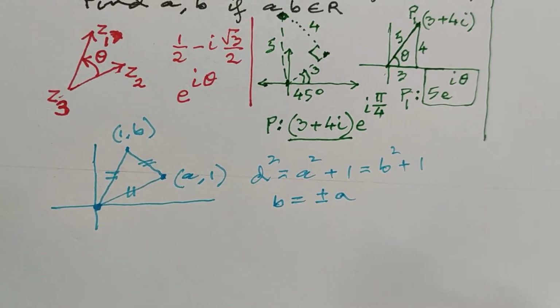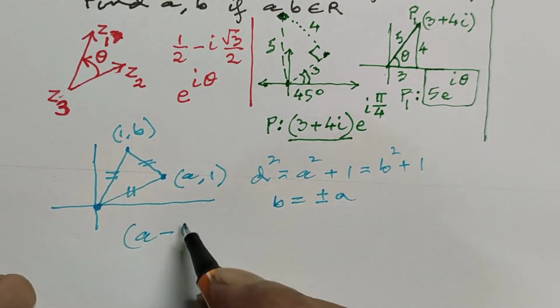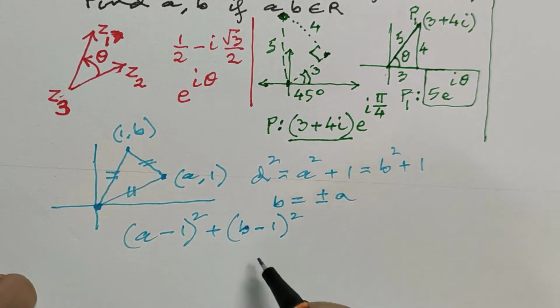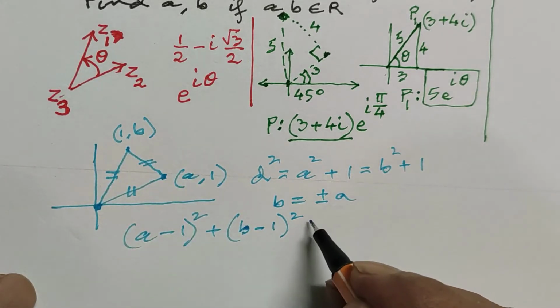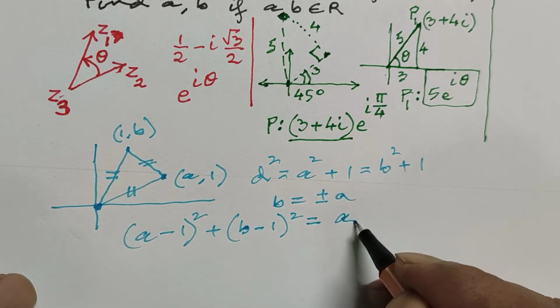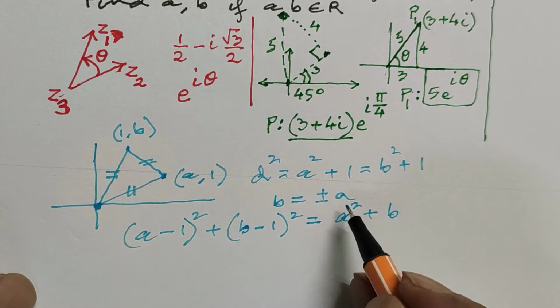Now look at the other side, that is (a minus 1) whole square plus (b minus 1) whole square. Since we are squaring, it doesn't matter, 1 minus b, b minus 1 same, is equal to a square plus 1 or b square plus 1. Let's take a square plus 1 and change b into plus a.